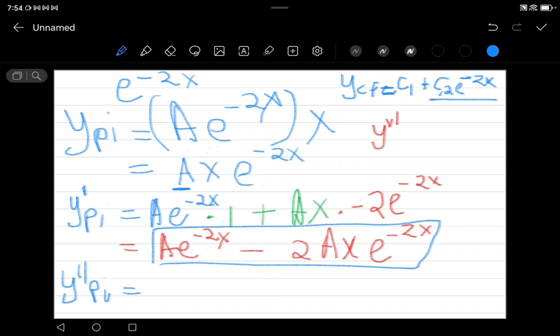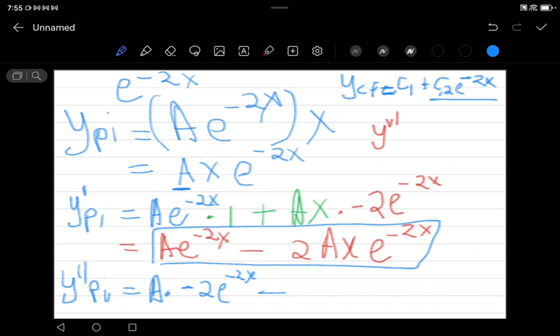And so here we have a constant and e to the power of negative 2x. So we're going to copy a and then we derivate e to the power of negative 2x. Derivative of e to the power of negative 2x is what? It's going to be a negative 2 e to the power of negative 2x minus, okay, we are done derivating a e to the power of negative 2x.